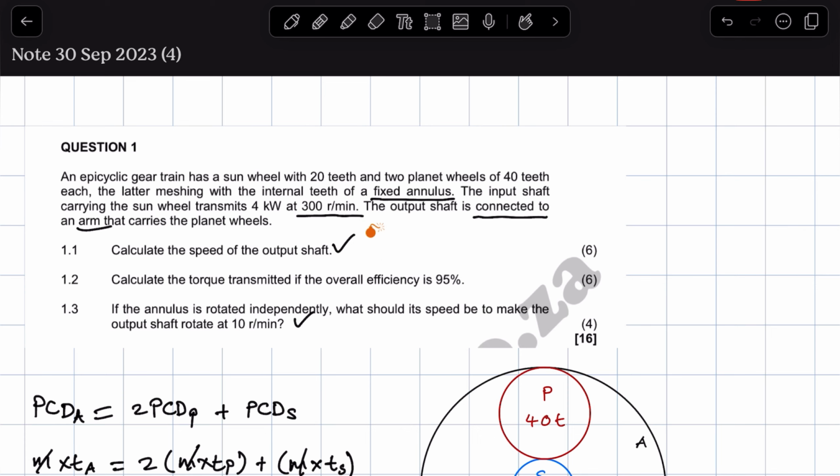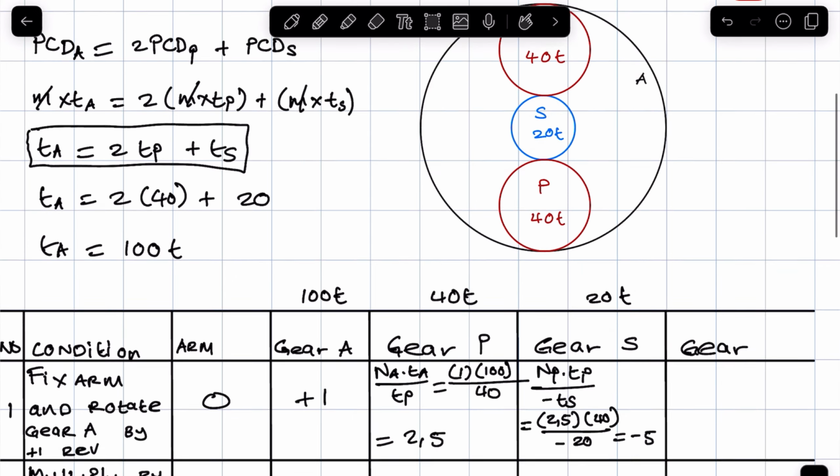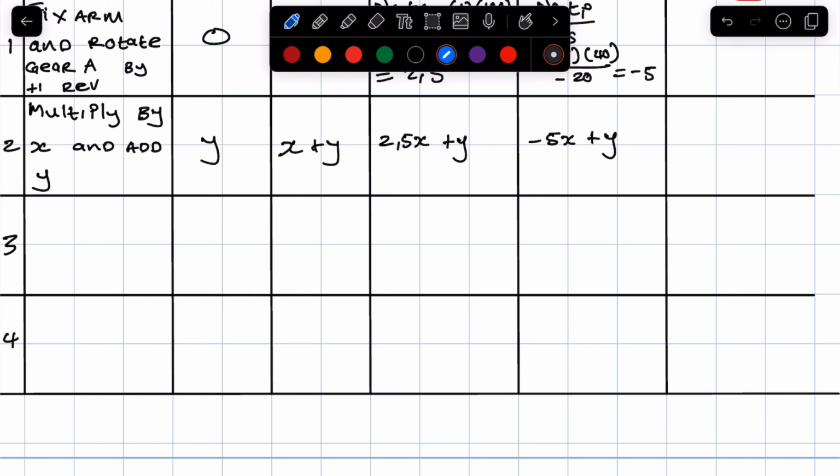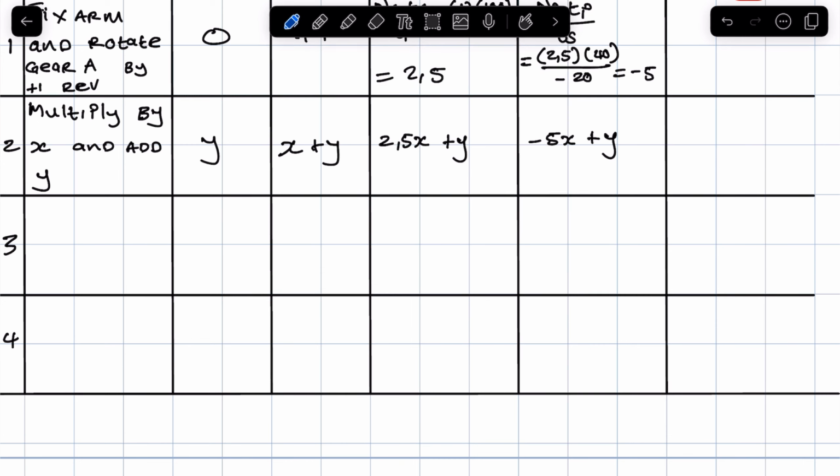So the two assumptions we get from the statement are that the annulus is fixed and that the sun is rotating at positive 300 revs per minute clockwise. And from 1.1 we know we need to calculate the rotational frequency as well as the direction of the arm, right? So as far as condition 3, they said the annulus is fixed, the annulus being A is equal to 0, right?